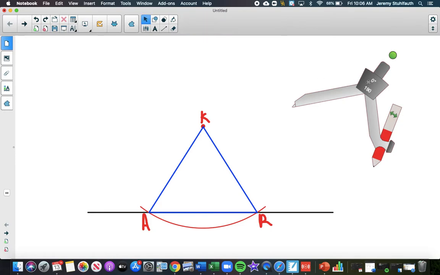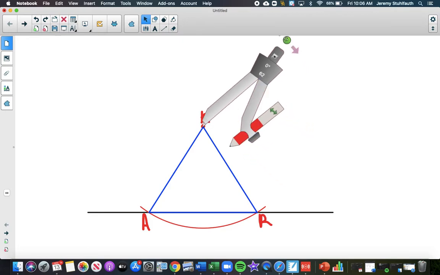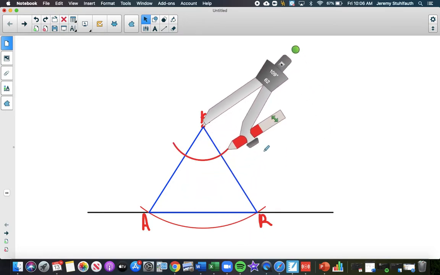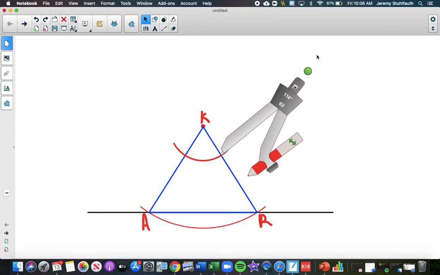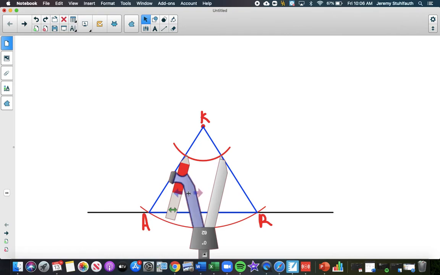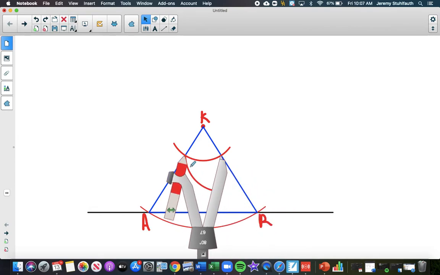Now, the next thing it says is construct an angle bisector KD. So we want to bisect angle K here. So what we'll do is draw in our arc like so, and then take our compass and measure that arc length like so. We will draw our second arc like there.